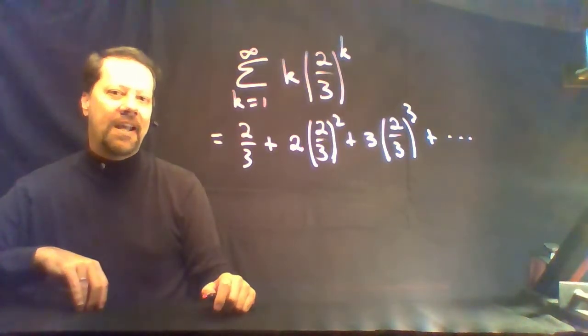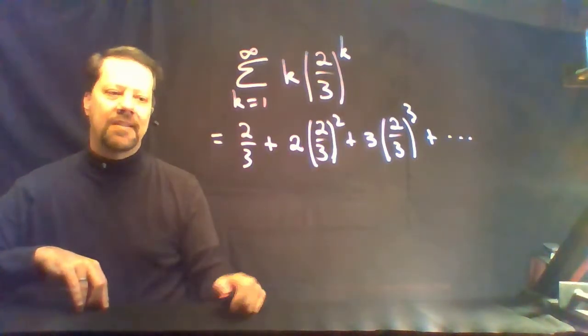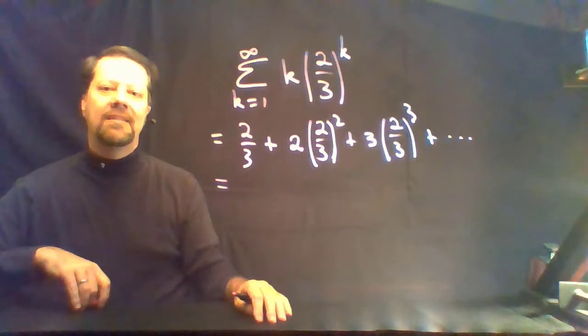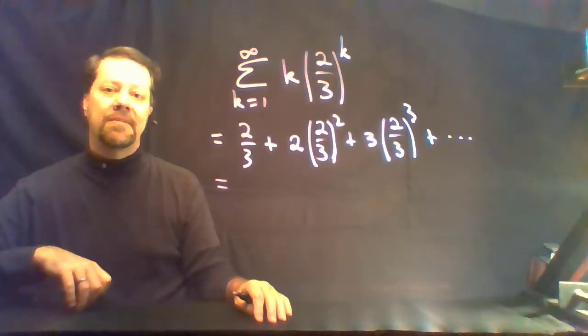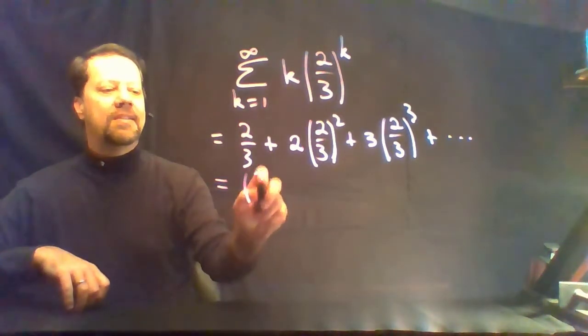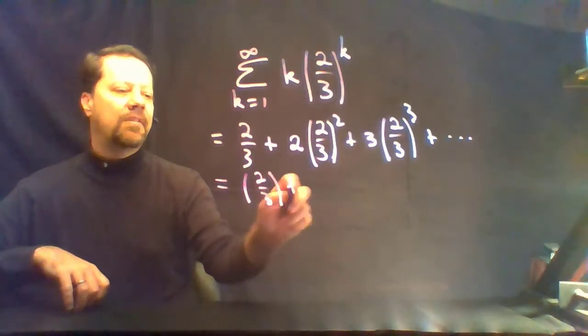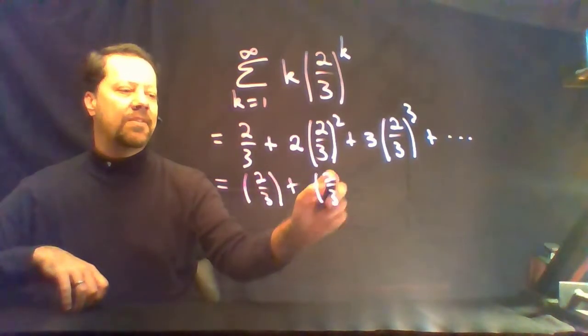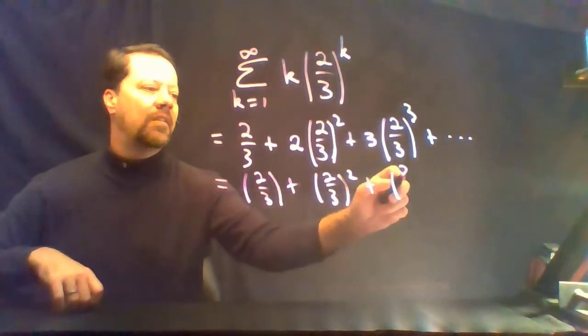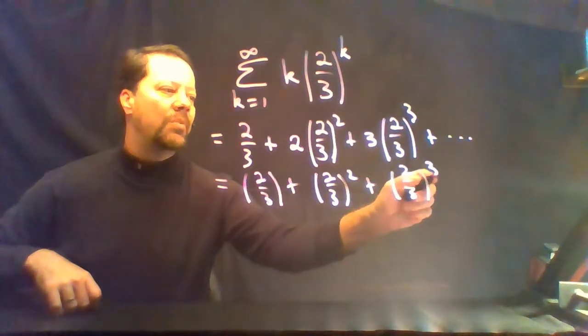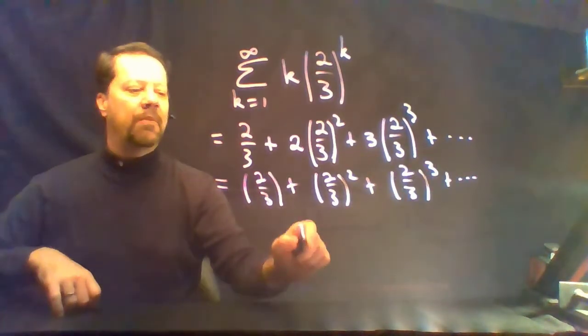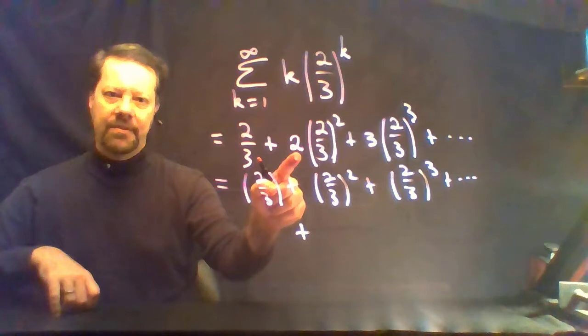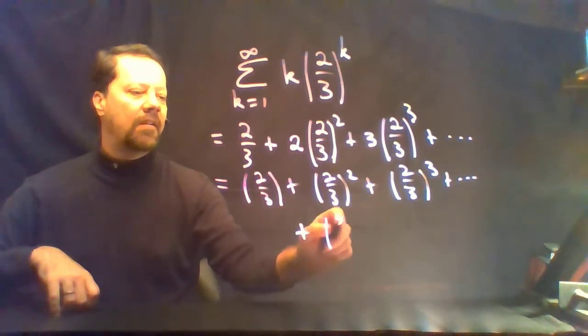There's a unique way of decomposing this, an infinite sum of geometric series. We can look at this as 2/3 plus 2/3 squared plus 2/3 cubed, and so on, but we're missing another factor of 2/3 squared.